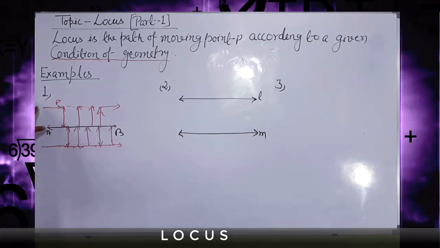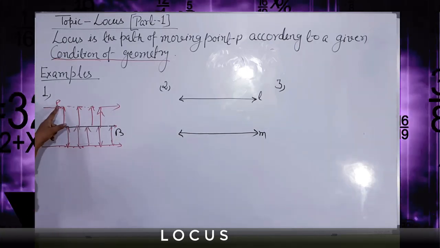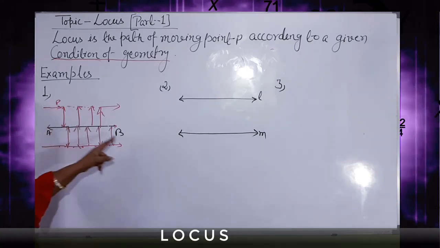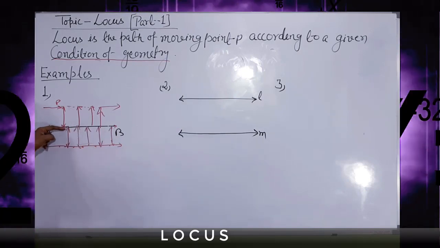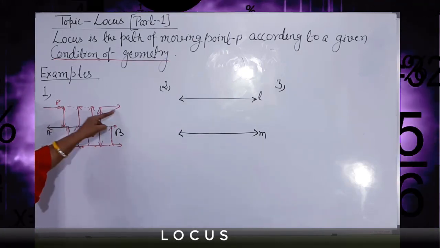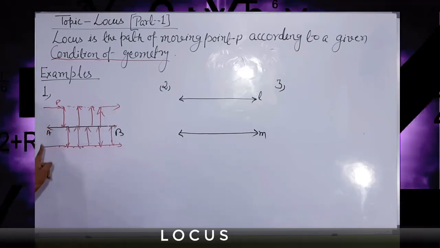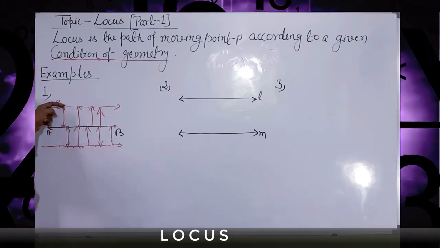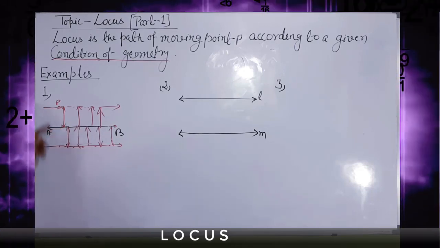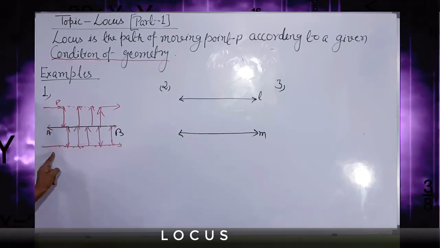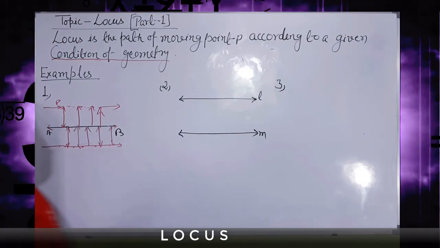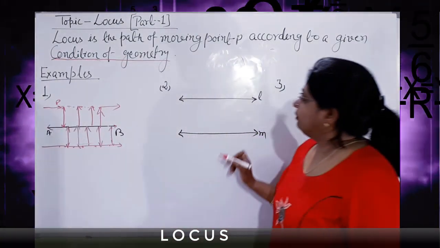The locus of the moving point P equidistant from the given line AB is at equal distance above the line AB and below the line AB, and the locus of the point P satisfies all conditions of geometry.